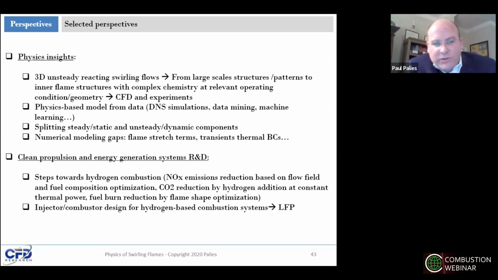We need to optimize the fuel burning by optimizing the premix flame burning. And there is the need of injector combustion design for hydrogen-based combustion, such as the LFP that I was talking about before, but not only. So that's our path towards a clean propulsion system.